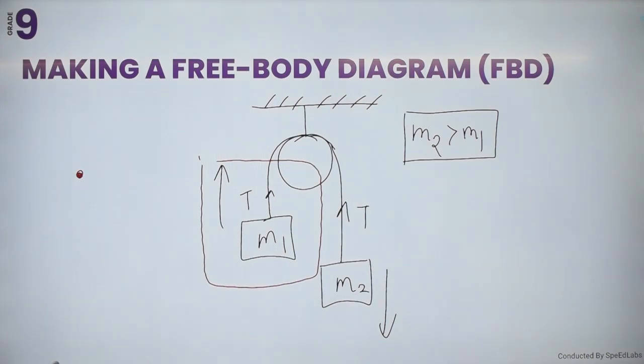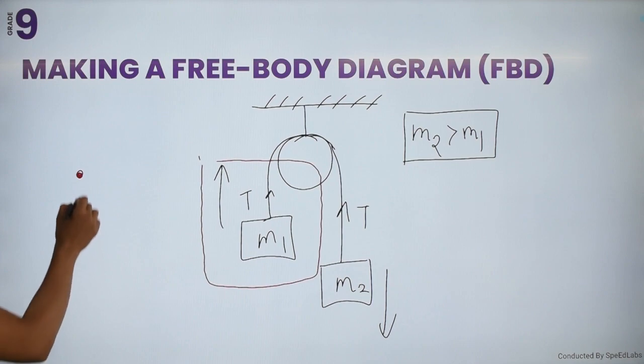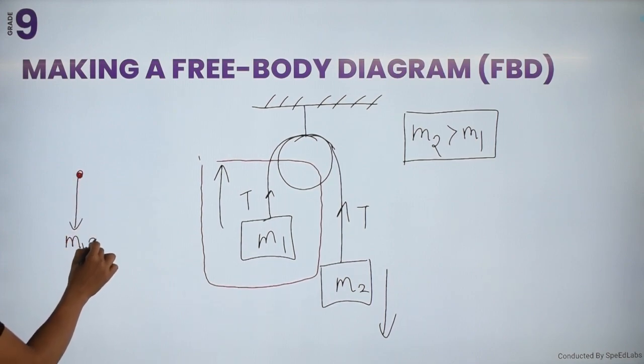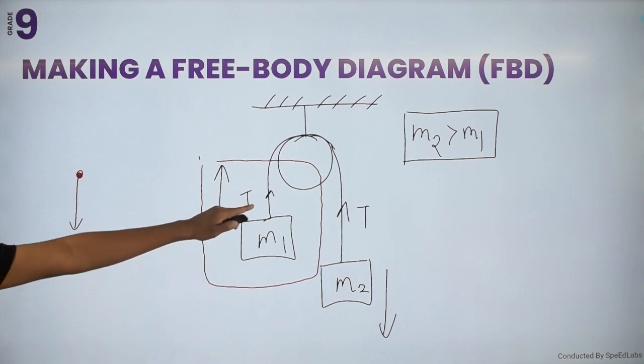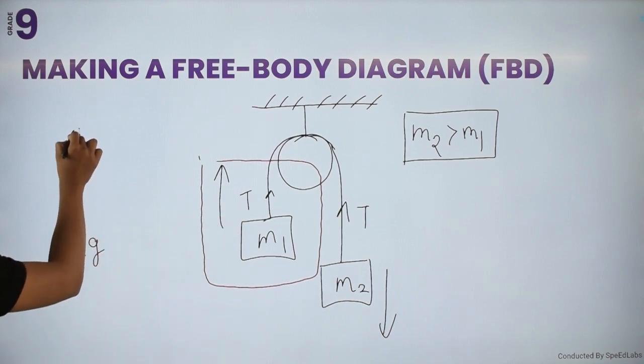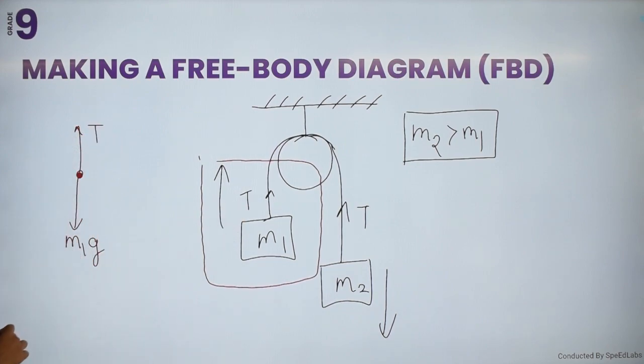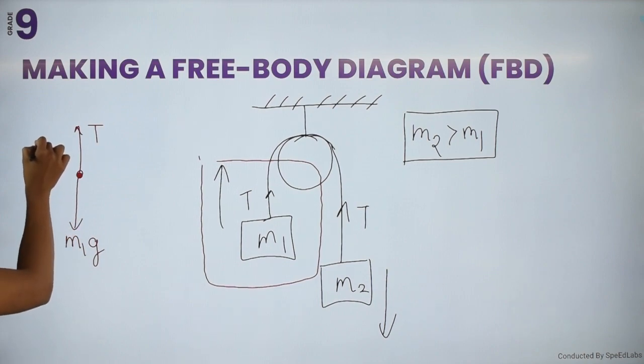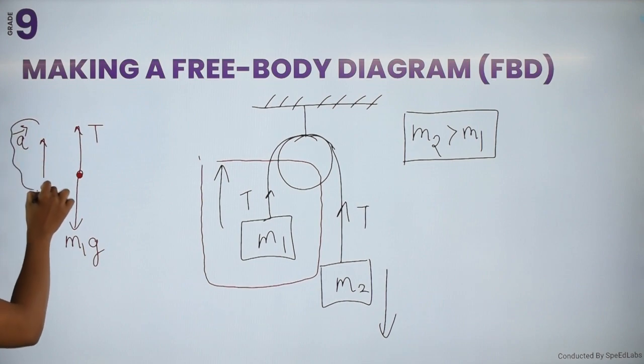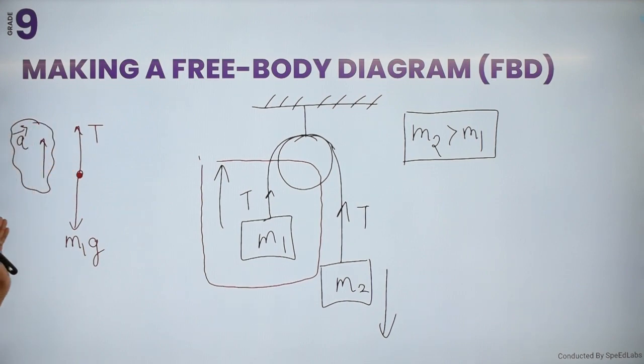Now our earth will attract this mass m1 in the downward direction with m1g. Similarly, a tension is acting on this block, that is T, understand, and there is an acceleration of the block in this direction, a. This is not shown in the free body diagram, this is shown separately. So this is basically the free body diagram of this mass m1.